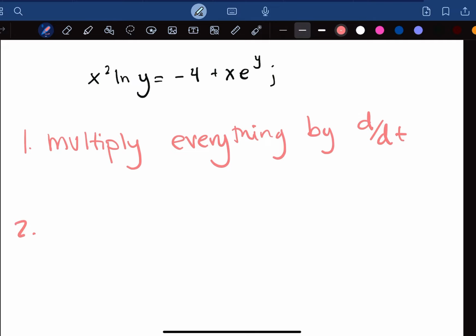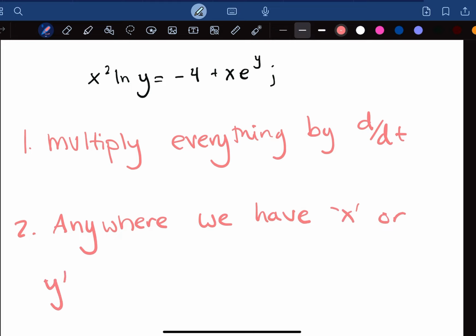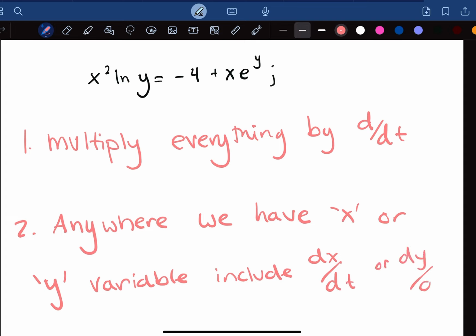Then anywhere that we have an x or a y variable that we're taking the derivative of, we are going to have to tack on that dx over dt or that dy over dt.